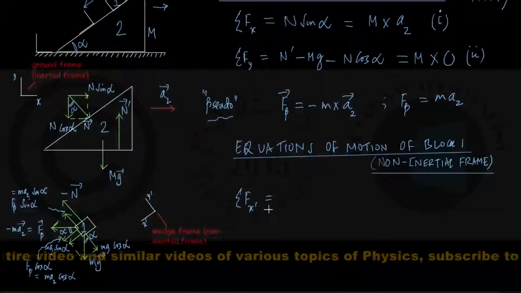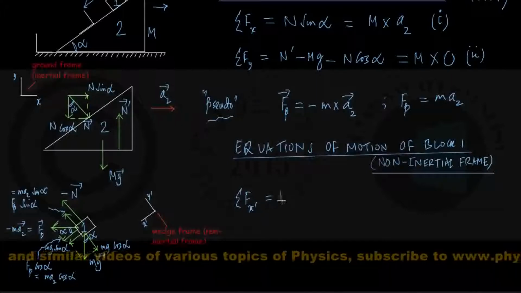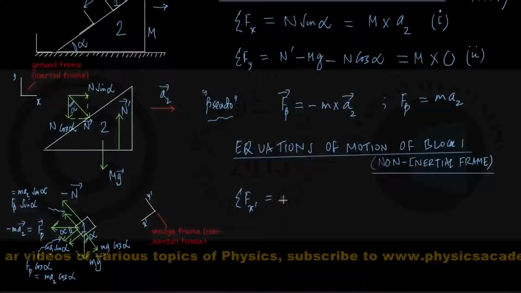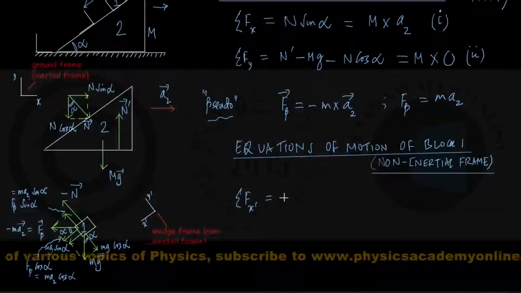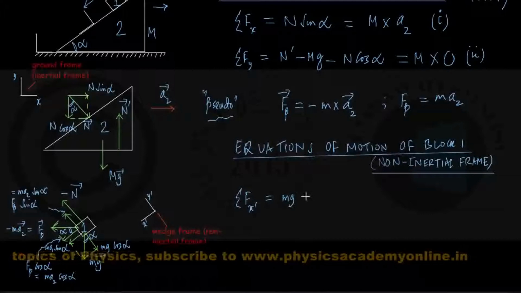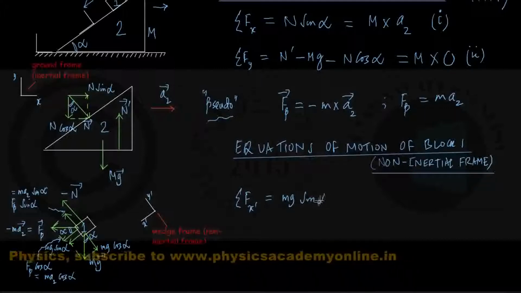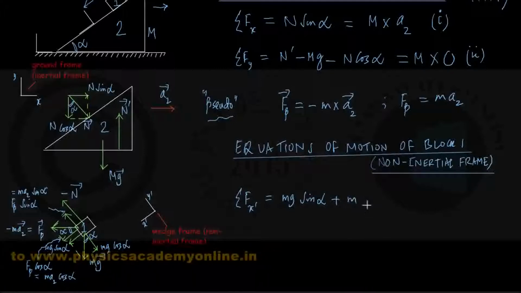So the two forces act in the x dash direction, both in the positive direction. So we write mg sine alpha plus m into a2 cos alpha. This is of course the cos component of the pseudo force acting on the block. That is the net force in the x direction.